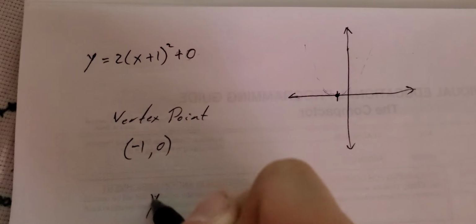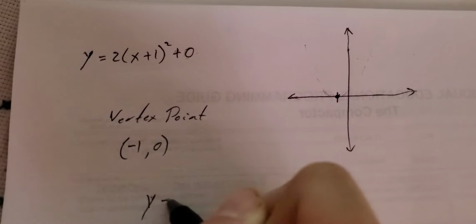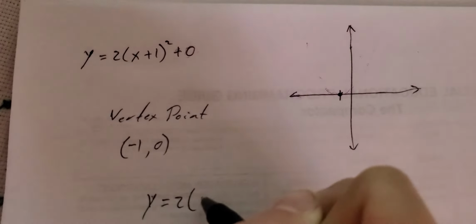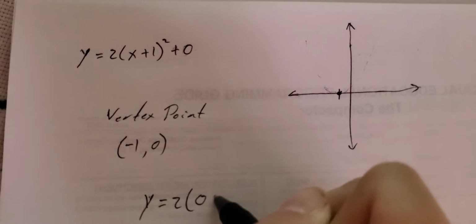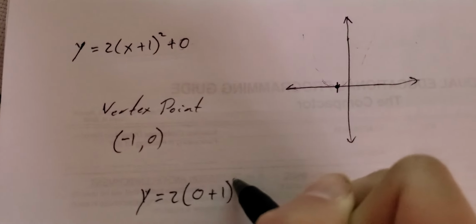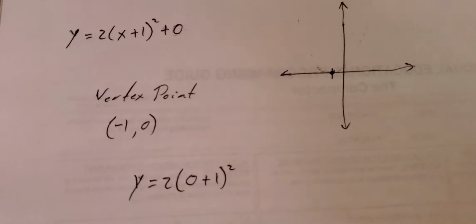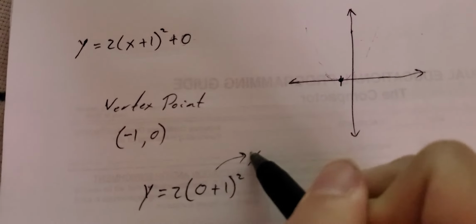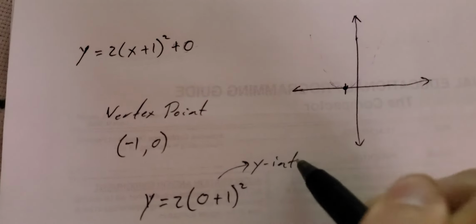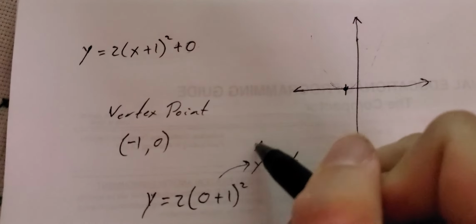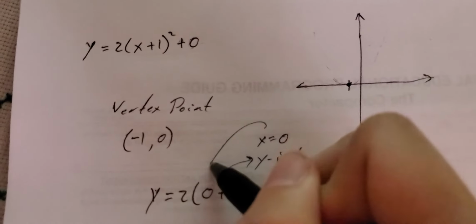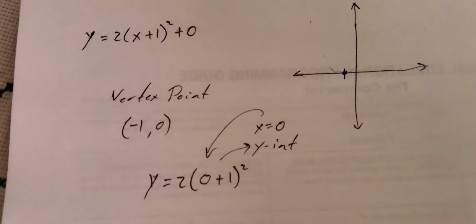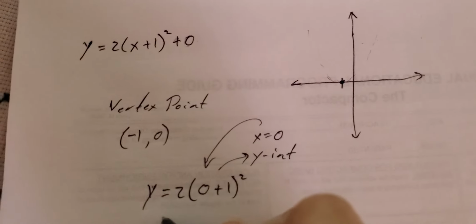Let's let my x value be 0. So x became 0, plus 1, squared. This will give me the y-intercept, where x equals 0. That's how we find the y-intercept.